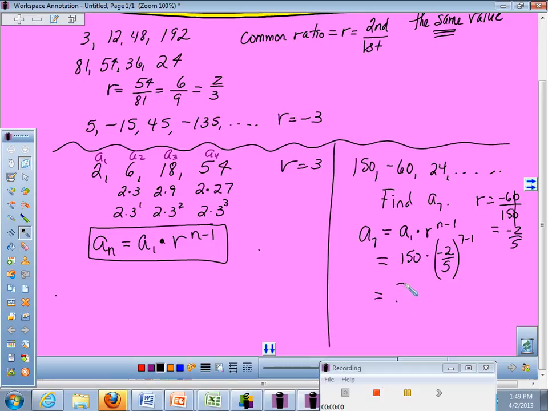Yep. So that's the 7th term. As you can see, ugly 7th term. Would not be fun to calculate these by hand. Because you can get some nasty fractions pretty quick.